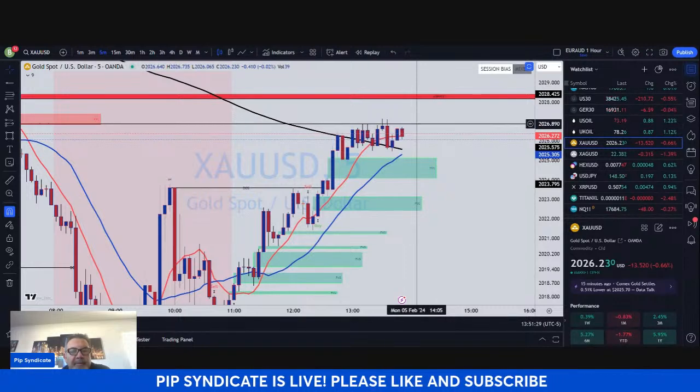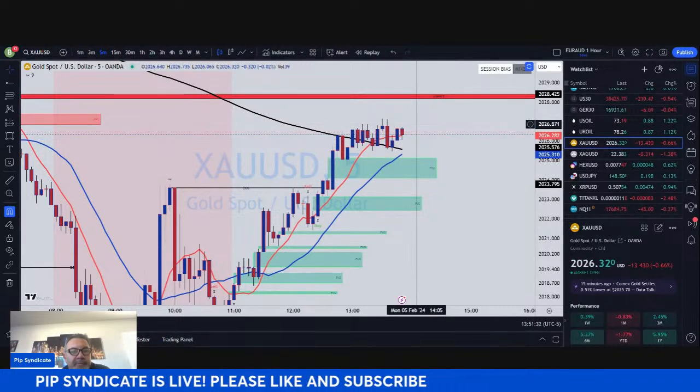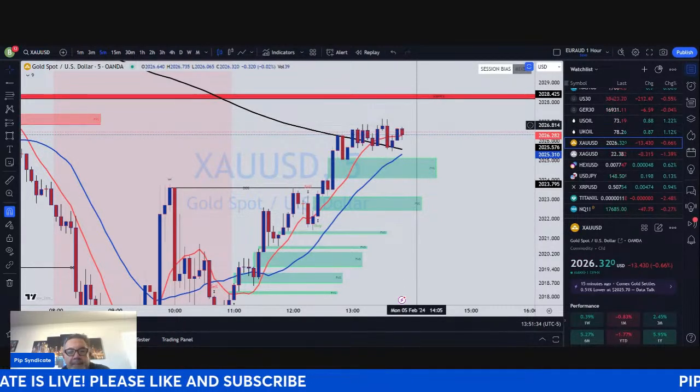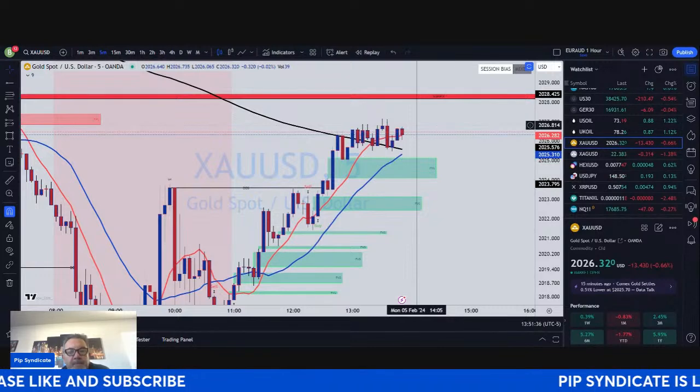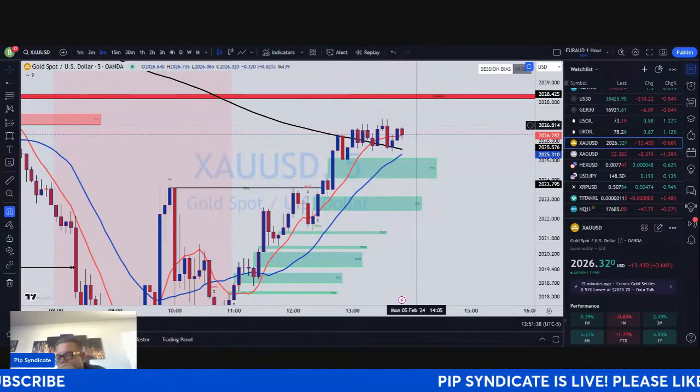You see, we got a fair value gap here. It's like rejecting off that fair value gap. It may reverse here if it can't get through that gap.